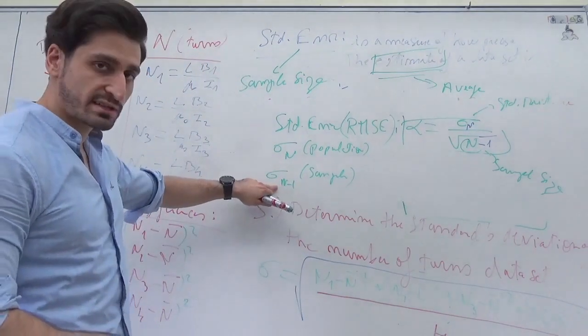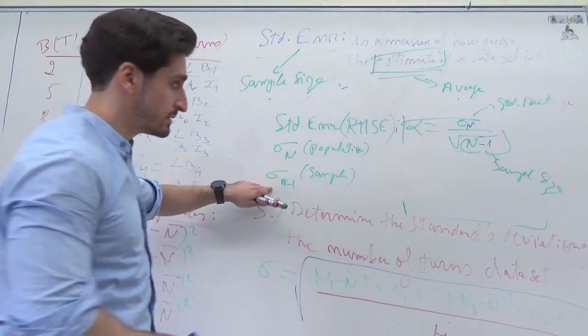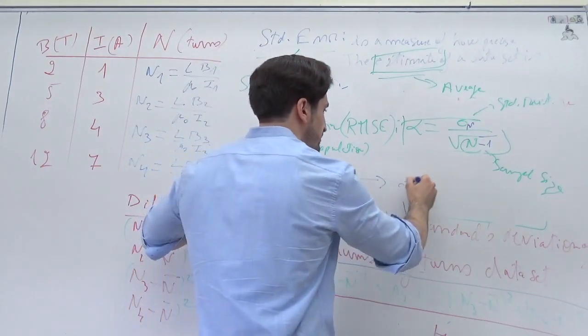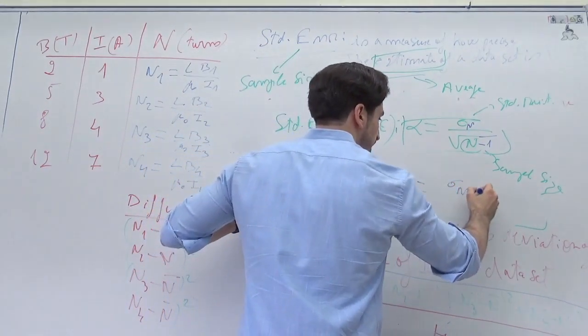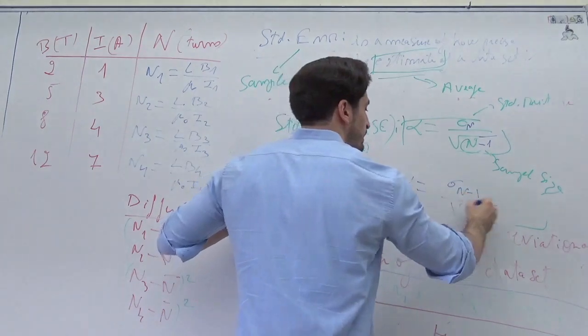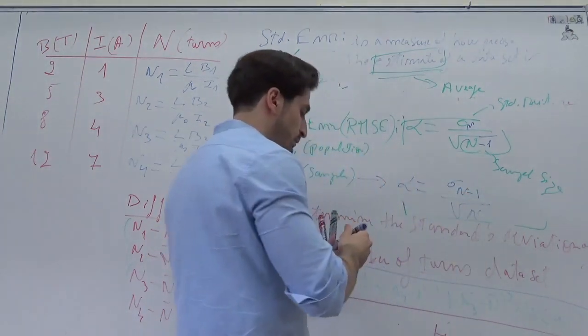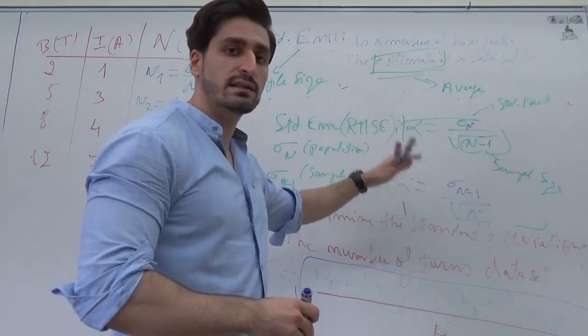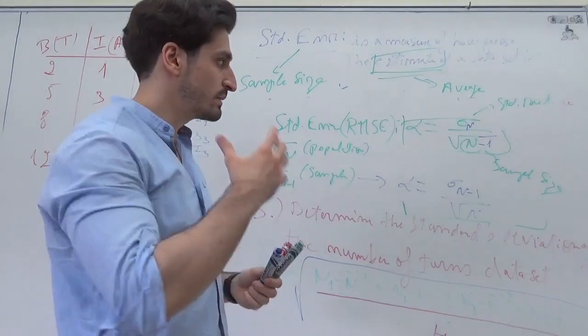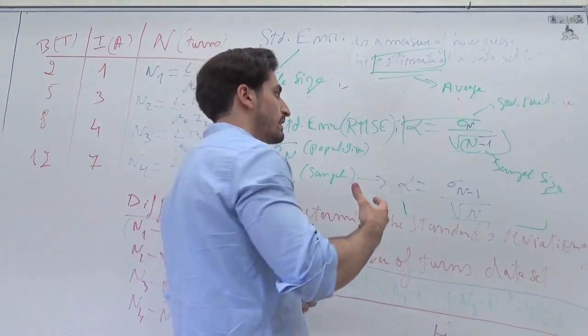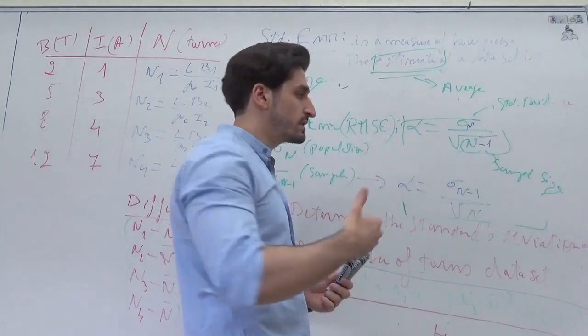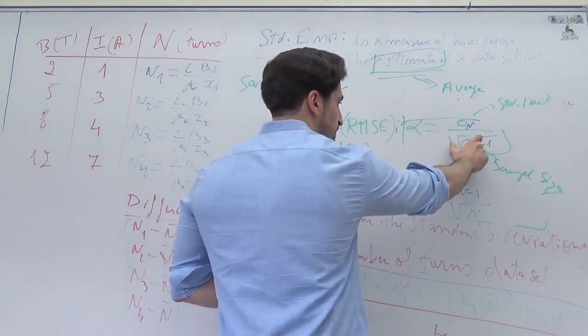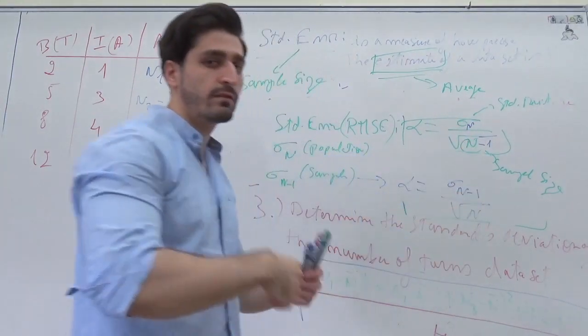Whereas if we were using the standard deviation for the sample, therefore the error is going to be sigma n minus 1 divided by square root n. But both equations are going to yield the same result. But you have to keep in mind that you should know which order of sigma you are using in order to manipulate the order of the denominator.